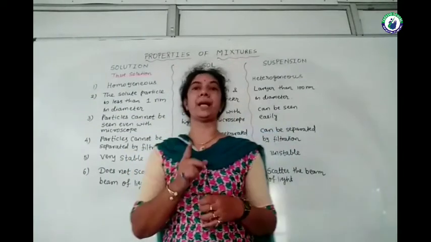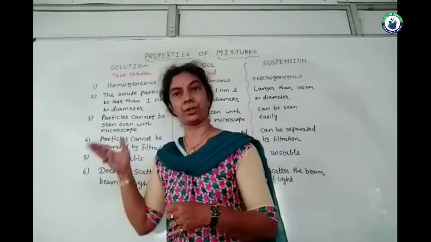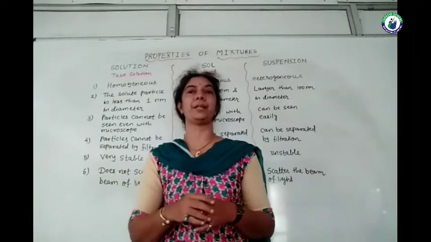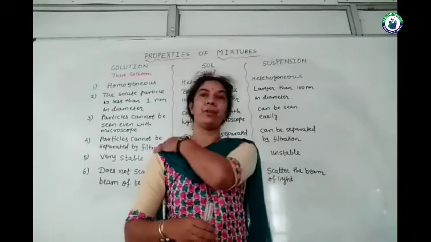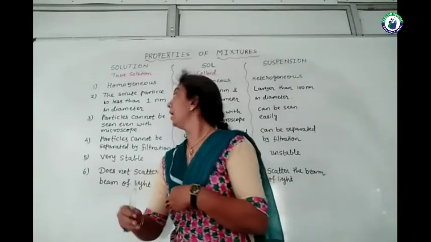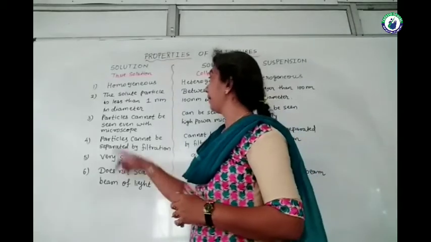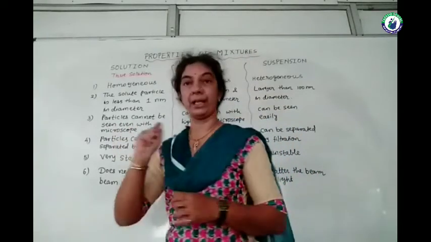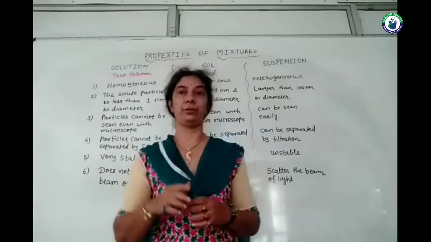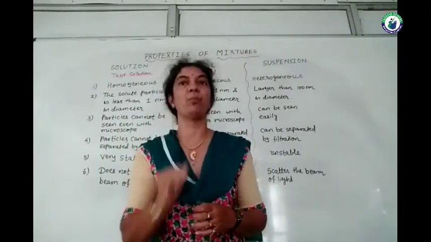Based on the size of the particles, the rest of all the properties we can discuss for all these types of mixtures. We can say that particles cannot be seen even with a microscope for true solution, as they are too small.